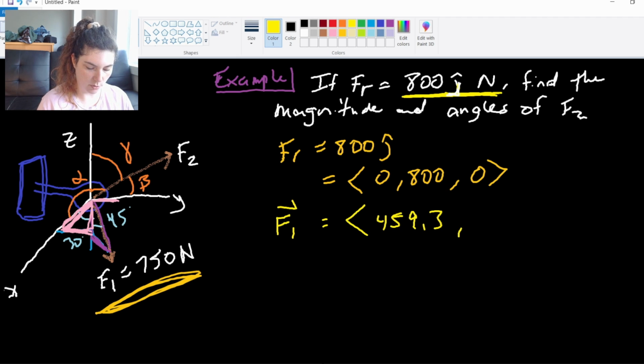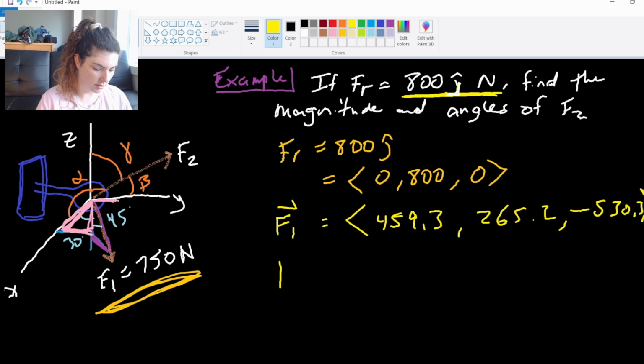The y component was 265.2. And the z component was negative 530.3. All in newtons.